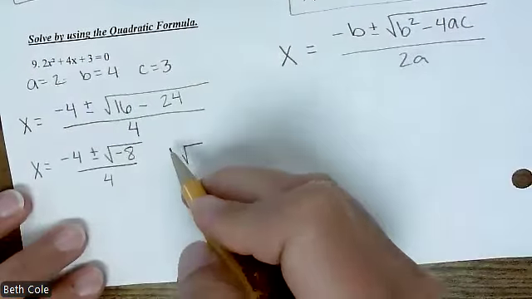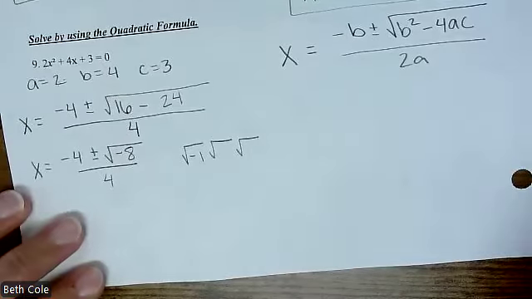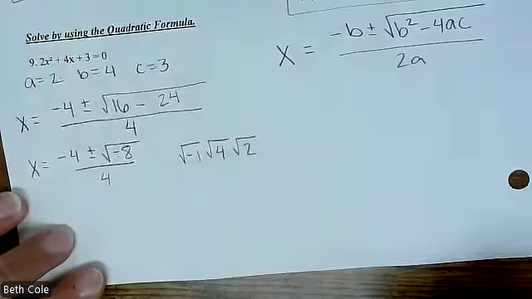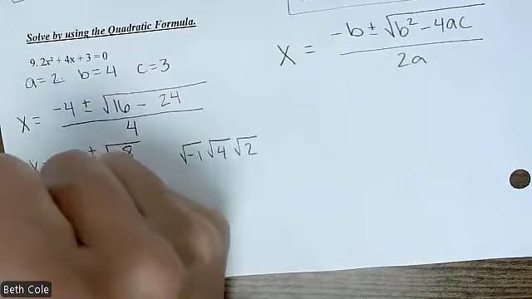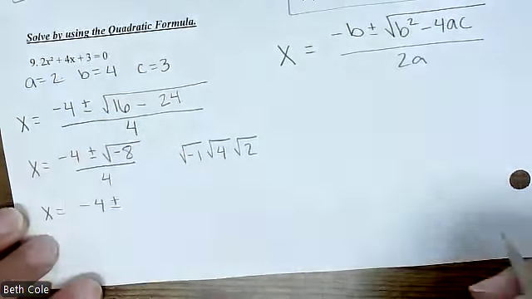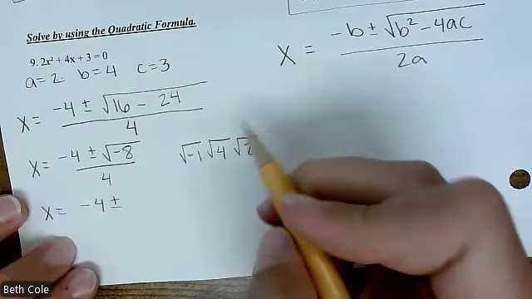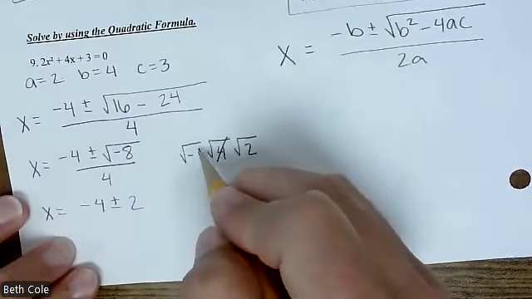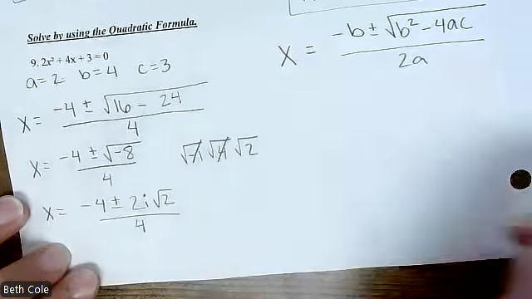So what do you take out first? -1. And then what multiplies together to be 8? 4 and 2. I just usually do that as a side problem, so I don't have to copy the whole thing all over again. So it is -4 plus and minus 2 I square root of 2, good, over 4.